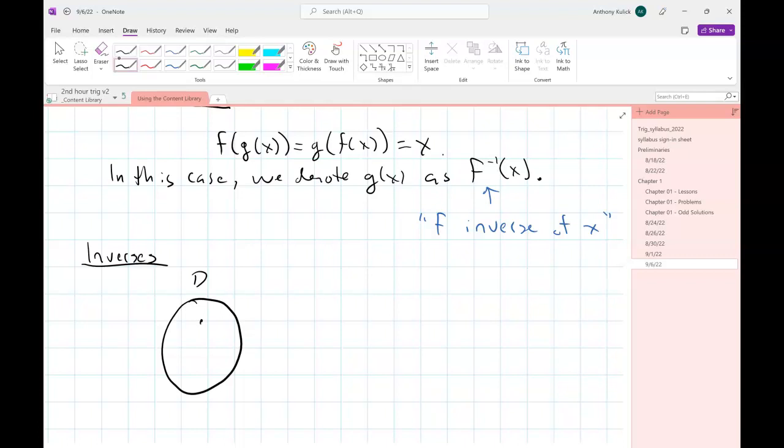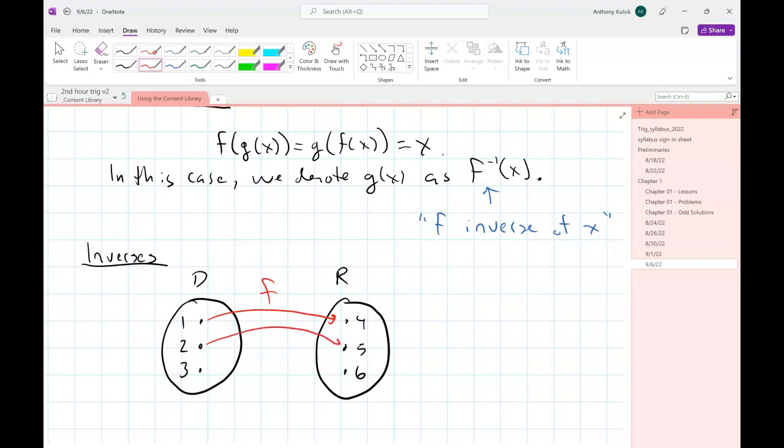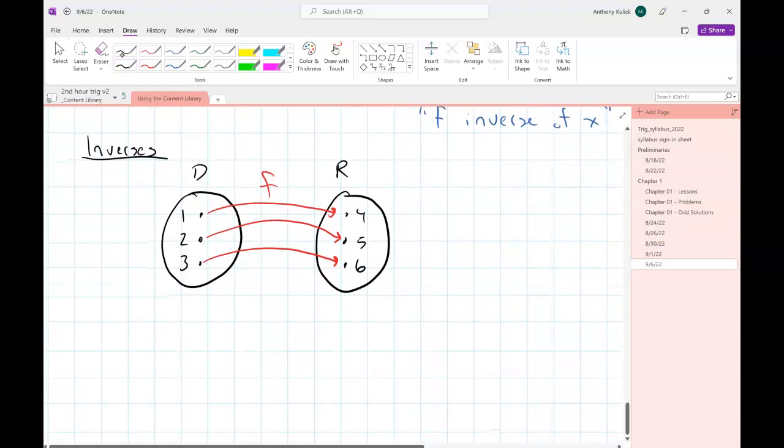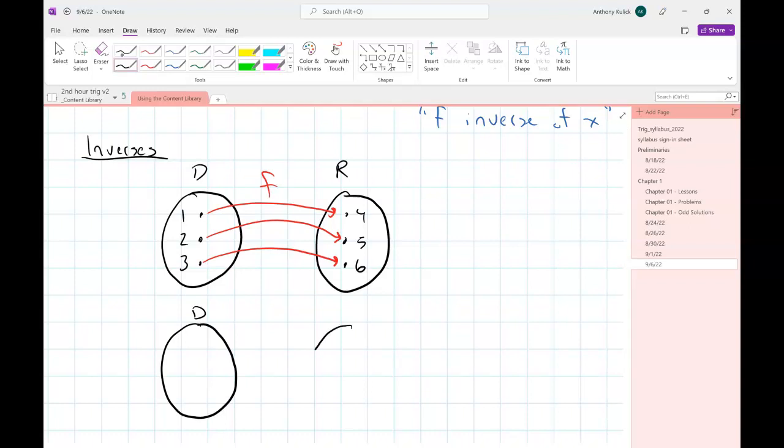Okay, so let's say we have some function f that sends 1 to 4, 2 to 5, and 3 to 6. What is its inverse going to look like?